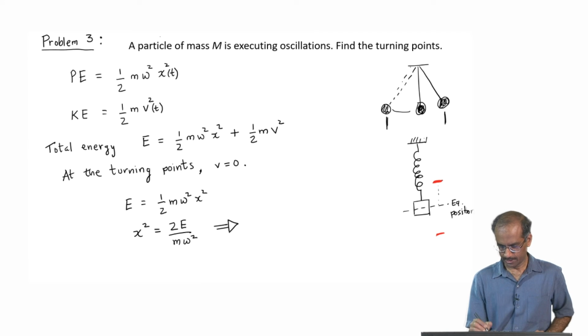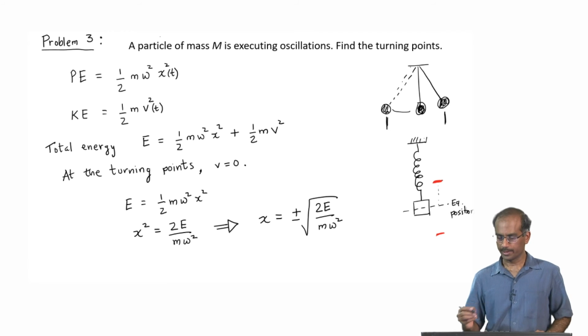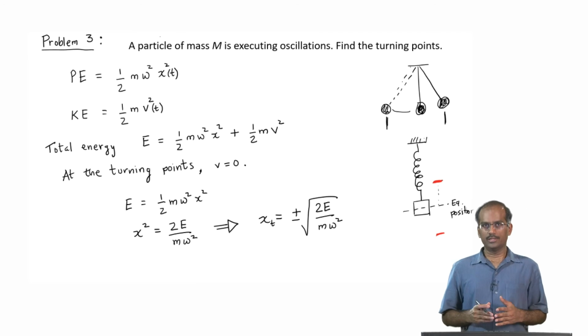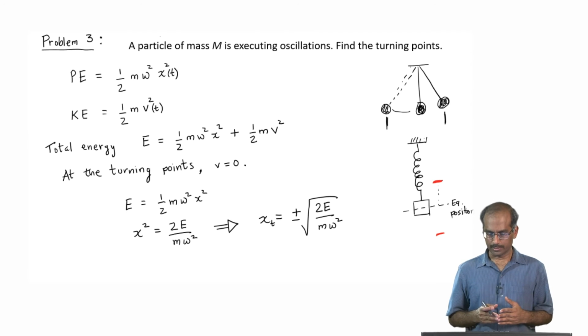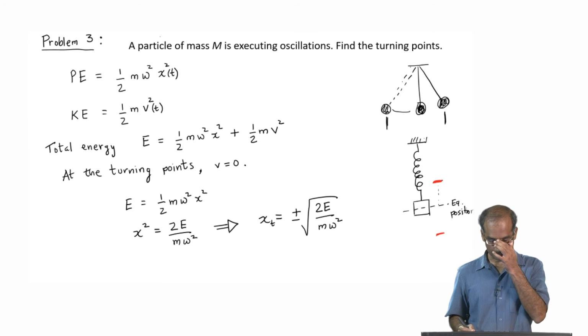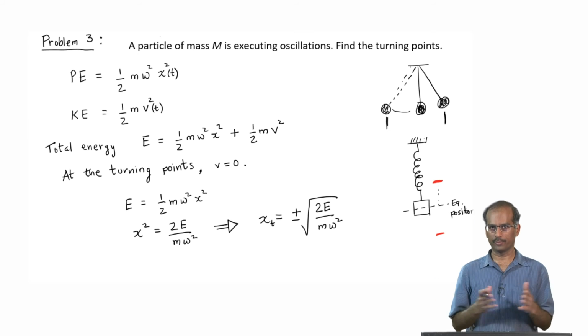This implies that x is equal to plus or minus square root of 2 E by m omega square. And to indicate that these are turning points, let me call it x t here. So, x t is the position of turning points. As you can see, there are two turning points, plus and minus square root of 2 E by m omega square, on either side of your equilibrium position.